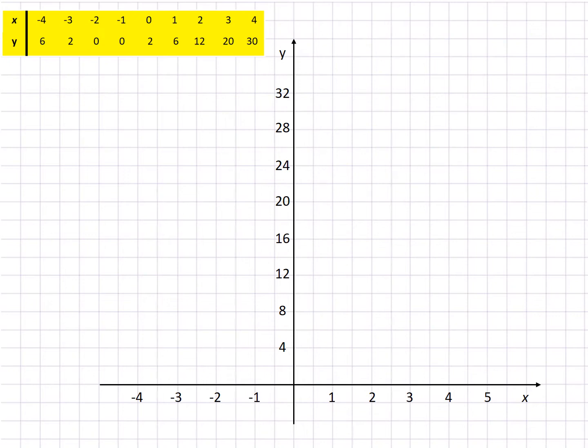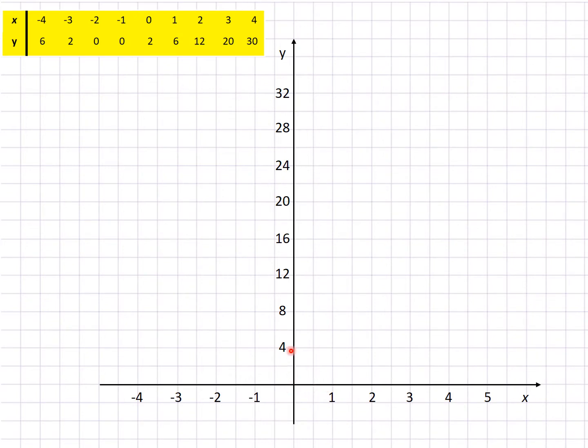What do I mean by that? Well, on our scale, the numbers on the x-axis, for example, need to be properly scaled. If that's 2 squares for 1 unit, then it's another 2 squares to the next unit and another 2 squares, and actually mark the numbers on the lines of the graph paper.